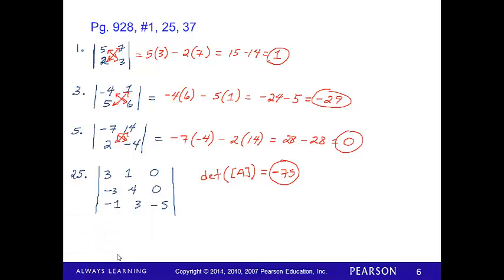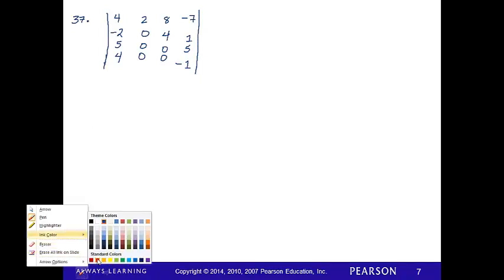Let's look at a 4 by 4, number 37. Number 37, and we're going to compute the determinant. So we have 4, okay, so this is a 4 by 4, which means we're really going to rely on our calculator to find the determinant.